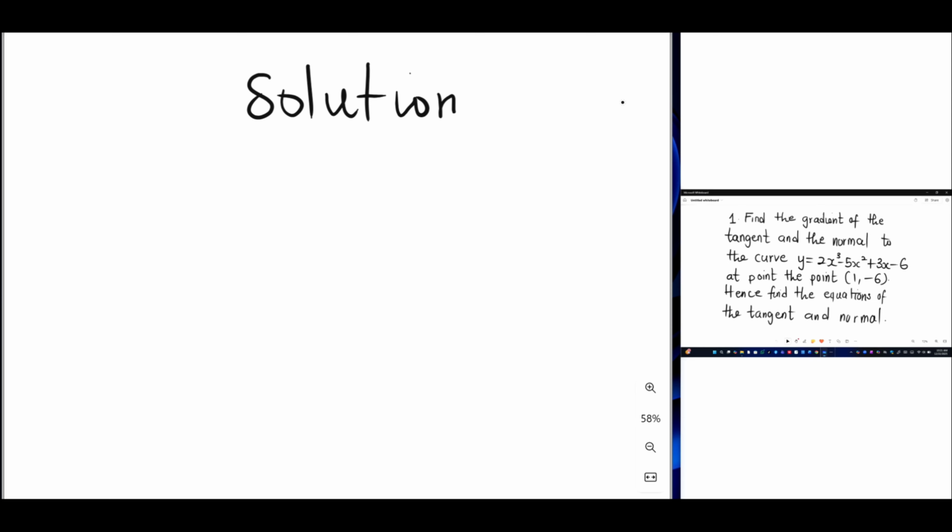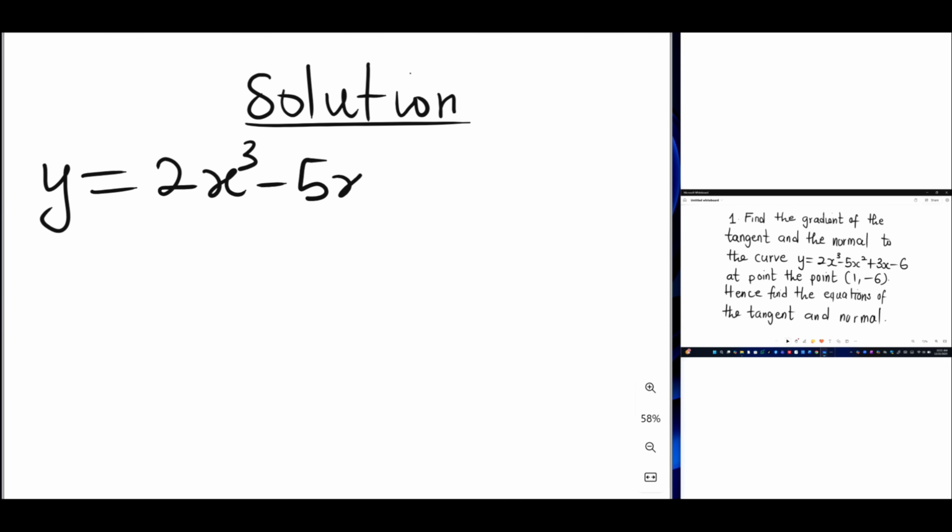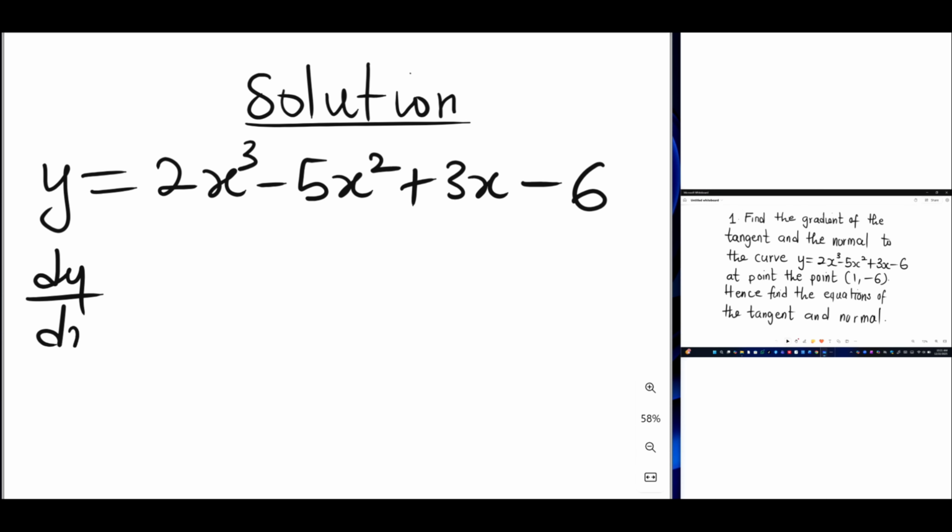So our solution. We bring our function back: y = 2x³ - 5x² + 3x - 6. We learned that to determine the gradient, you need to get your gradient function, which is the same as dy/dx.